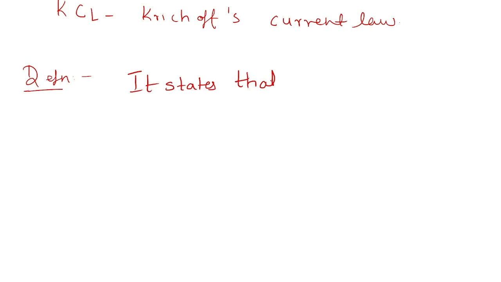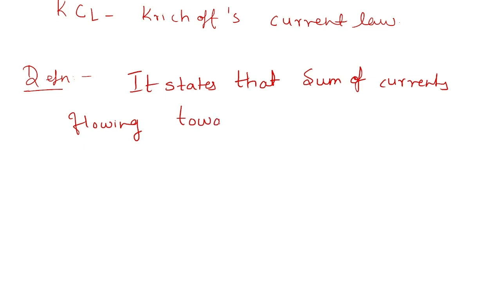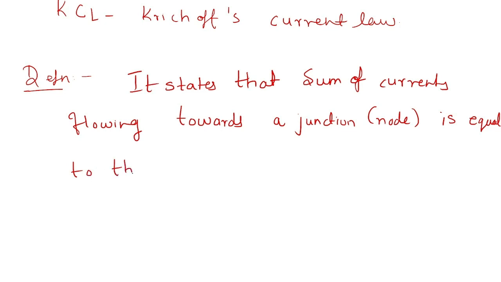It states that the sum of currents flowing towards a junction, or I can say a node as well, is equal to the sum of currents moving away from the junction.